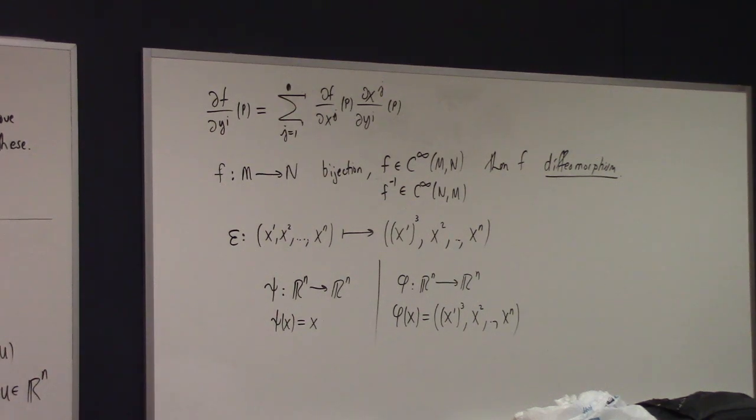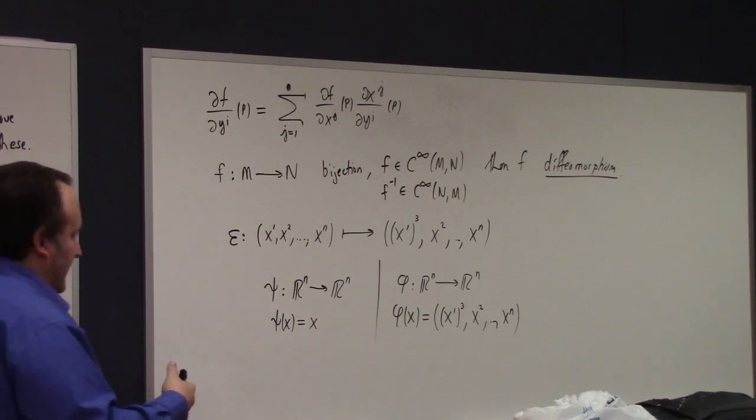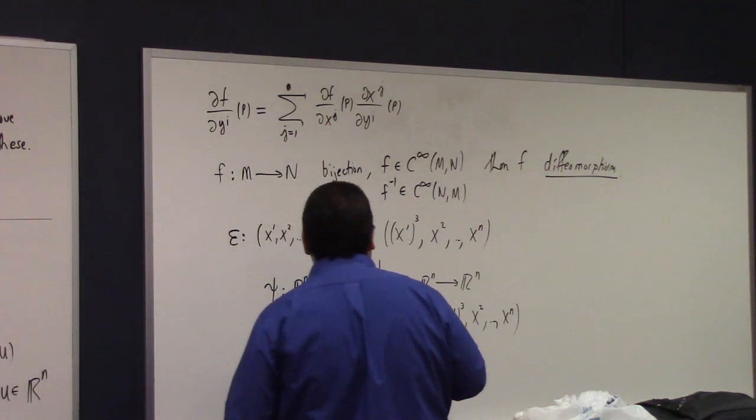Because when we try to invert that cube, we get a cube root, which shows that the inverse of phi is not smooth with respect to the usual notion of smoothness on R^n. It's not smooth because a cube root is not differentiable at 0.